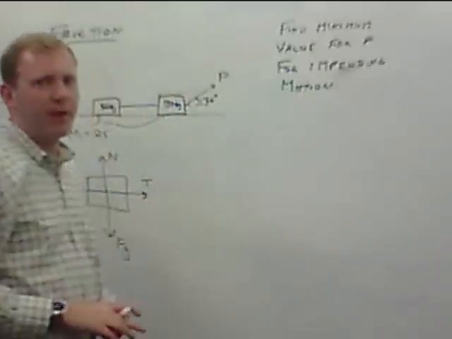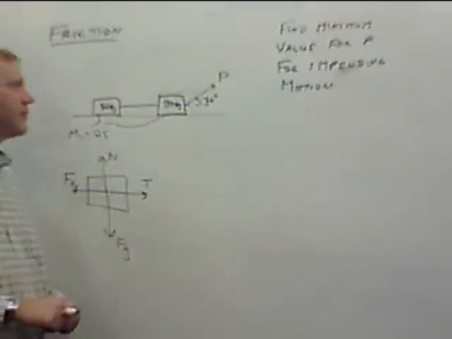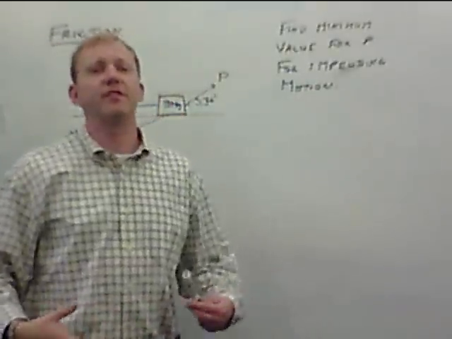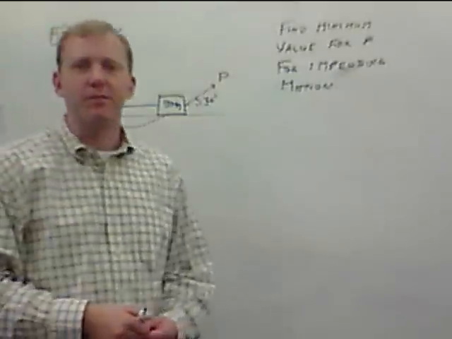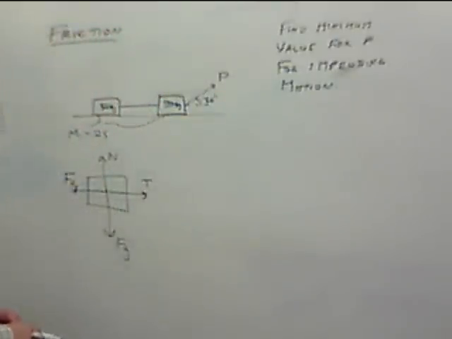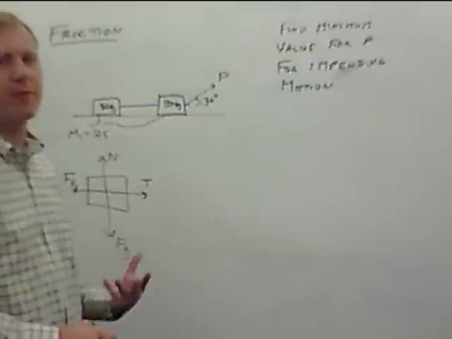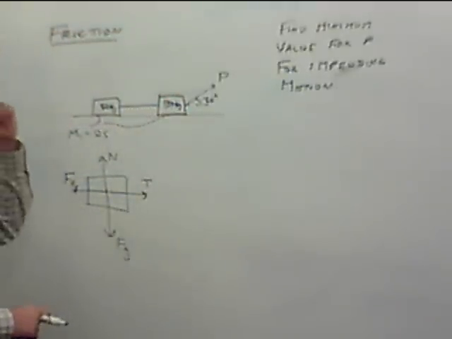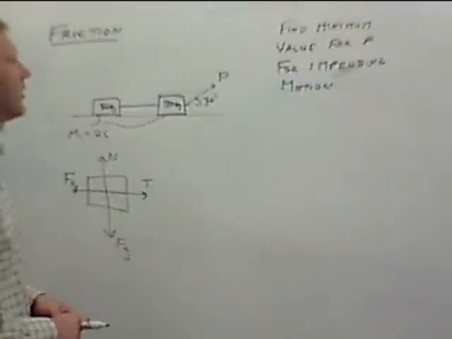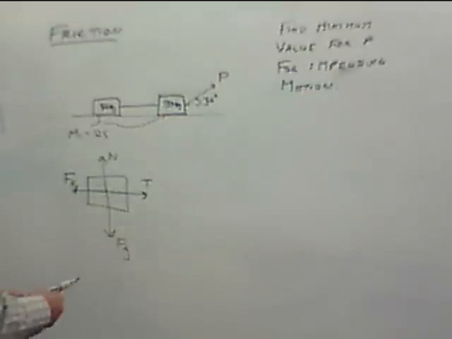This idea of impending motion is very important when it comes to static friction. This is a statics course. We're really not going to be dealing with kinetic friction because once something starts moving, it becomes a dynamics problem, even if it's a simple dynamics problem you could solve in physics along the way somewhere. But we're going to be dealing with static friction, and the idea here is we keep things stationary.